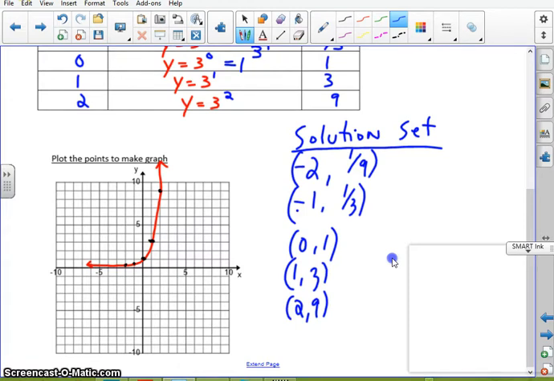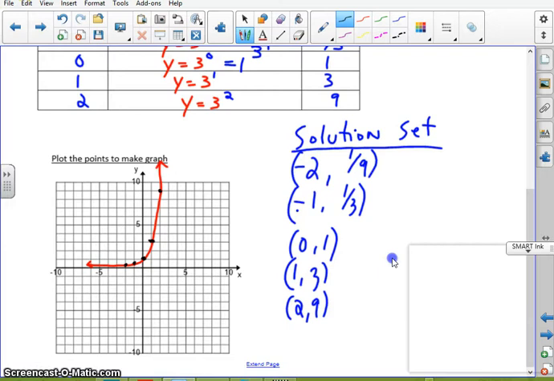So I simply plotted those ordered pairs, and then I drew my curve there, represented by the red curve. This point here represents the point -2, 1/9. This point represents -1, 1/3. This point represents 0, 1.